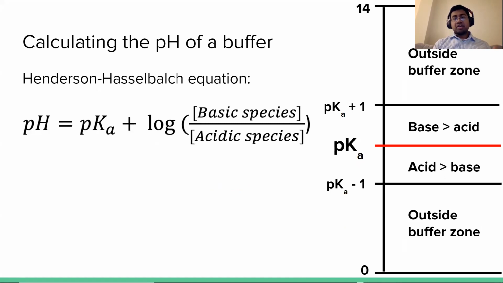So the upper bound is our pKa +1, where up until that point above pKa, there's more base than acid, and the lower bound is pKa -1, where between that point and pKa, the acid outnumbers the base. And when acid and base concentrations are equal, the log term becomes 0 because it's the log of 1, and pH equals pKa. So our buffer zone is going to be centered on our pKa value with a range of plus or minus 1 pH point.